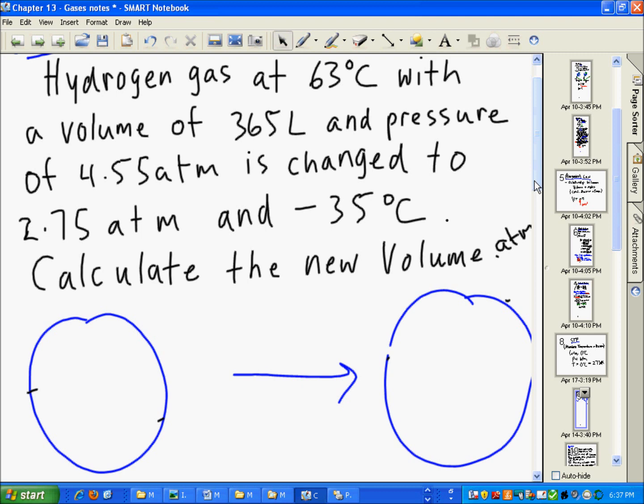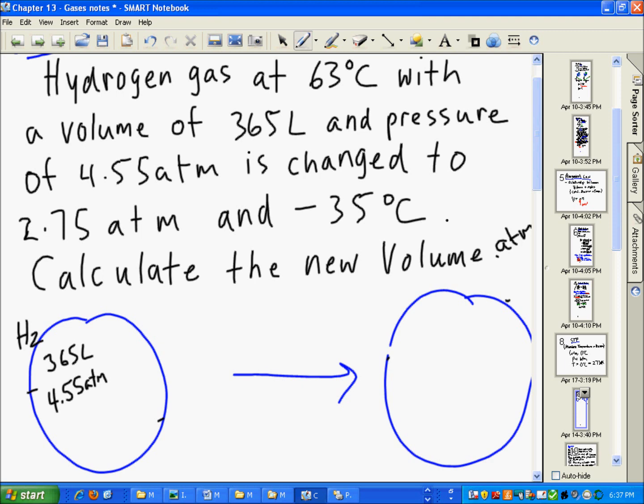So you're starting with hydrogen gas, and it has a volume of 365 liters and pressure of 4.55 atmospheres and 63 degrees Celsius.